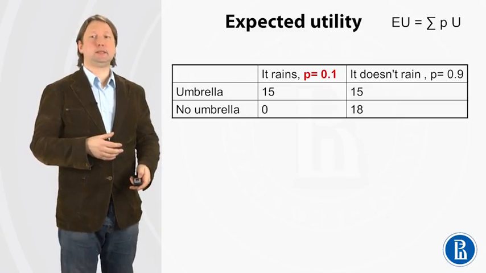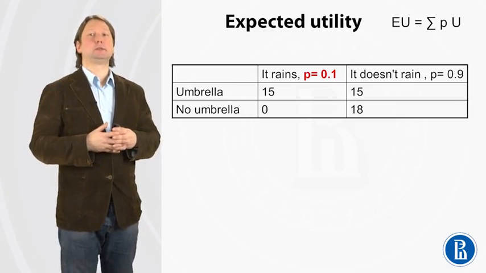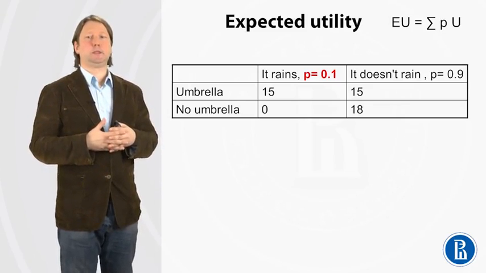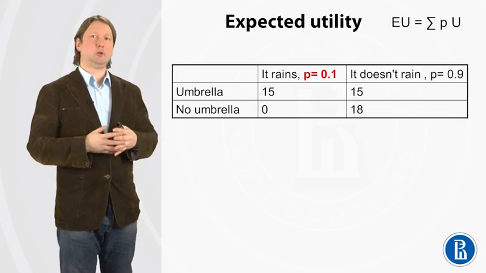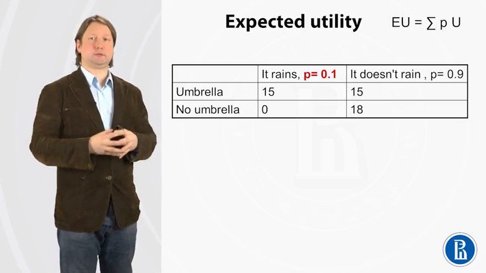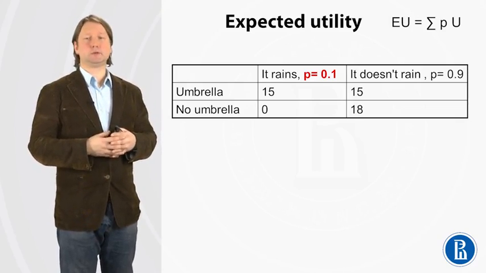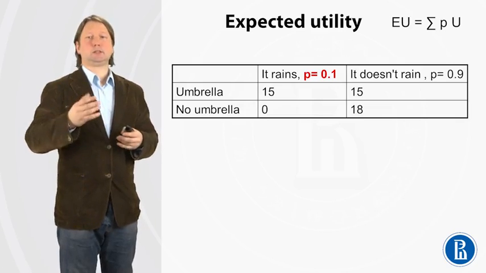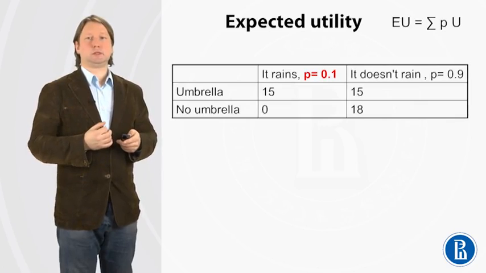This is an idea in economics called expected utility theory. Whenever we evaluate a certain option, we integrate the value and the probability of the outcome. For example, if there is a very small probability of rain, I just integrate the probability into the decision matrix.